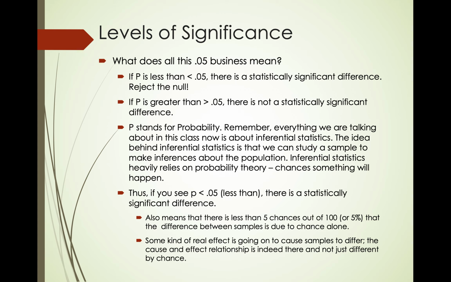So if you see a p-value, a p-level less than 0.05, there is a statistically significant difference. It also means that there is less than 5 out of 100 chances that the difference between samples is due to chance alone. Because of this, it shows that there's some kind of real effect going on to cause the samples to differ. The cause and effect relationship is indeed there and not just different by chance.